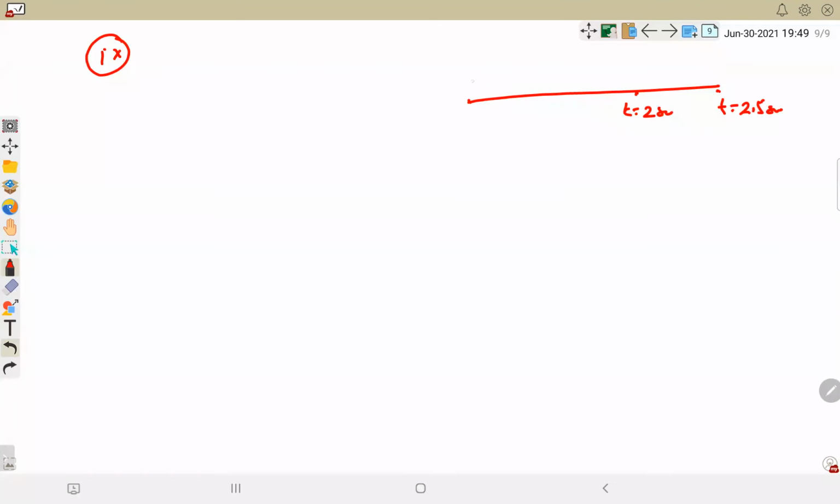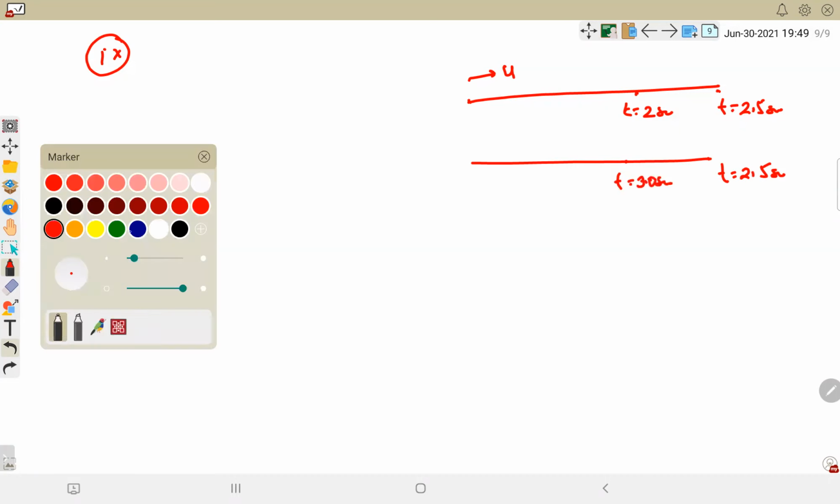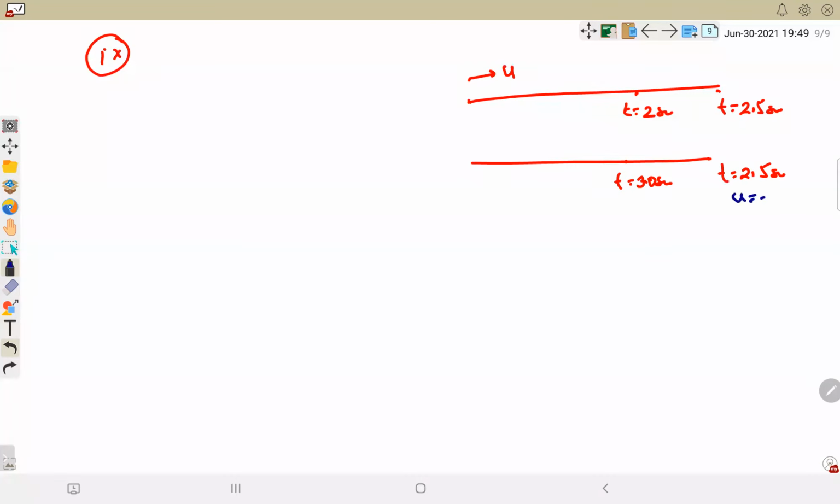Better is to calculate for the opposite direction, because in the opposite direction, for 2.5 to 3 seconds of the journey, the advantage is that the initial point velocity is 0, and we have to calculate the displacement.